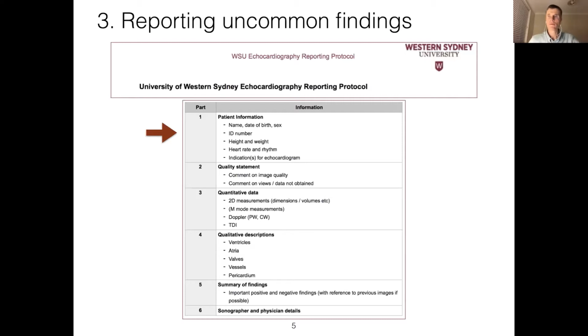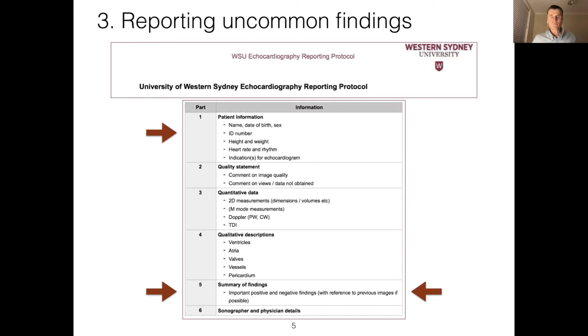That's an example not directly related to echo, but it's certainly an indication of the fact that if you get things wrong in terms of a patient's ID, things can be bad, and it takes a little bit of time to fix them up.